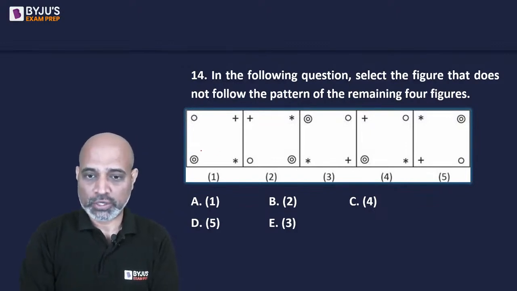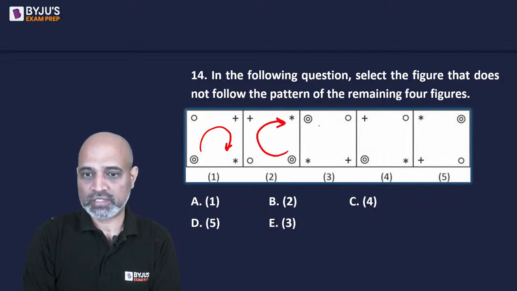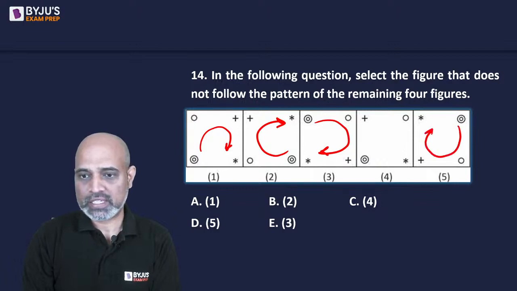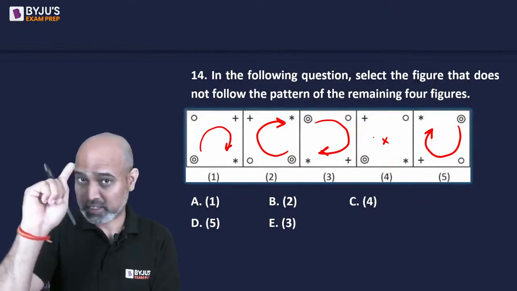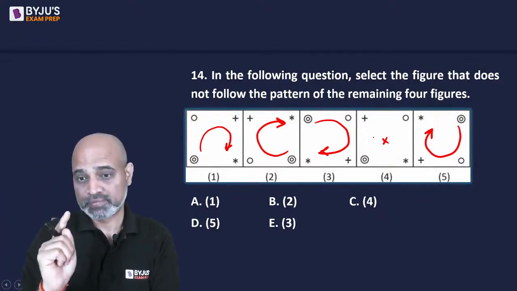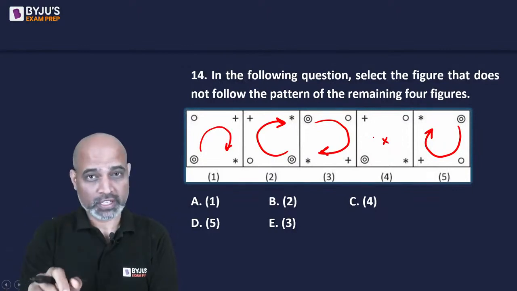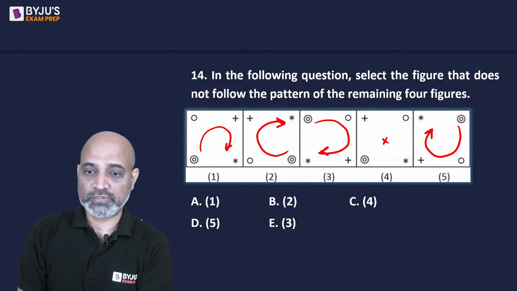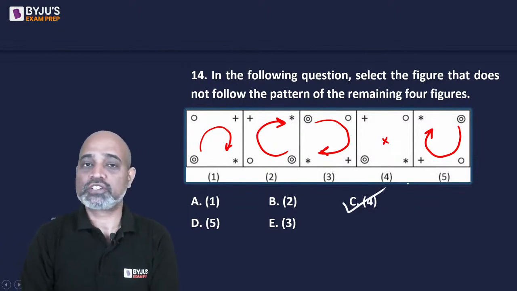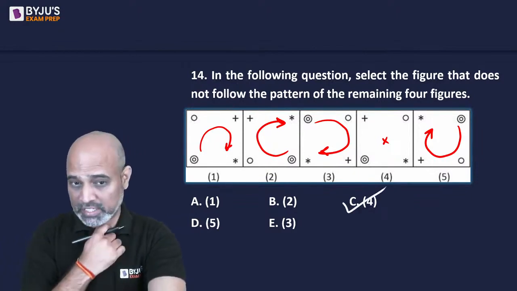We have donut circle plus asterisk, donut circle plus asterisk, donut circle plus asterisk, donut circle plus asterisk. This one is a mismatch, because after the donut we are supposed to see a circle when we move clockwise. So the fourth figure is different from the rest. Since the fourth one is different, we should select the number 4, which is in option C.